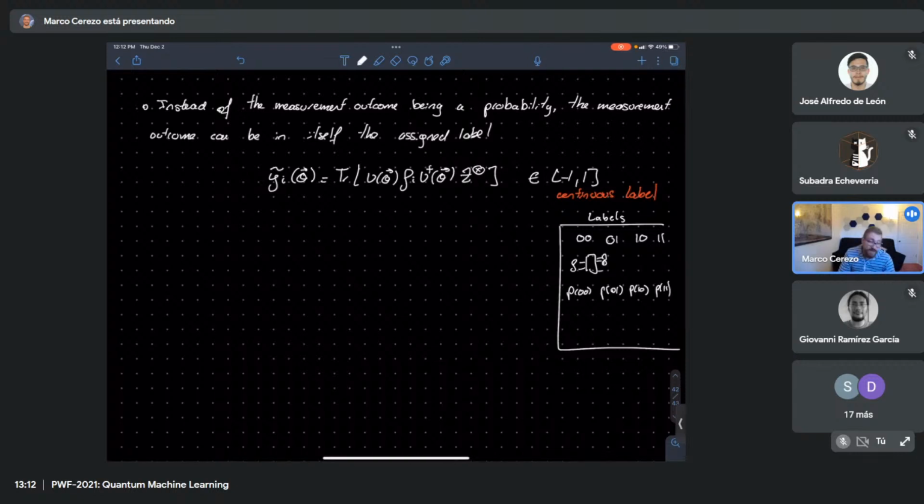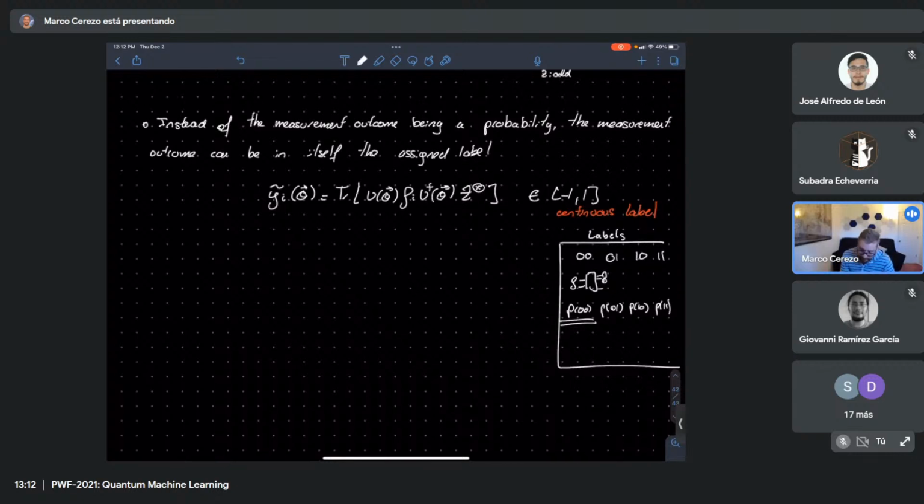And I'm going to assign the label to whichever has the largest probability. So if P00 was larger than the other probabilities, then I assign this as my label. So there are ways in which you can deal with multi-class classification whenever it's not just binary. It's just that for now we're considering binary because it's the simplest case, and I just want to get the framework done. So I hope that answers the question.